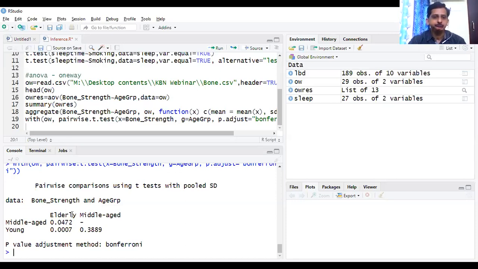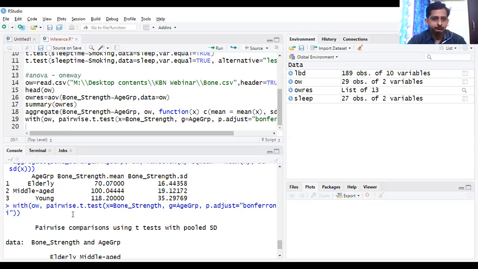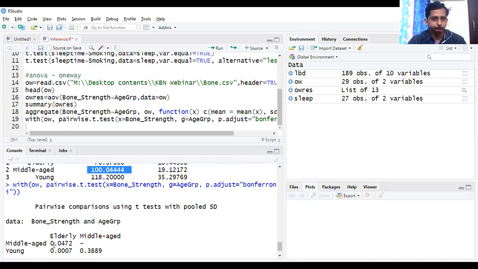What is the mean value here for the middle-aged group? 100, and the elderly group is 70. The difference of 30 or 29 point something is not that significant. It's not that noticeable a difference.